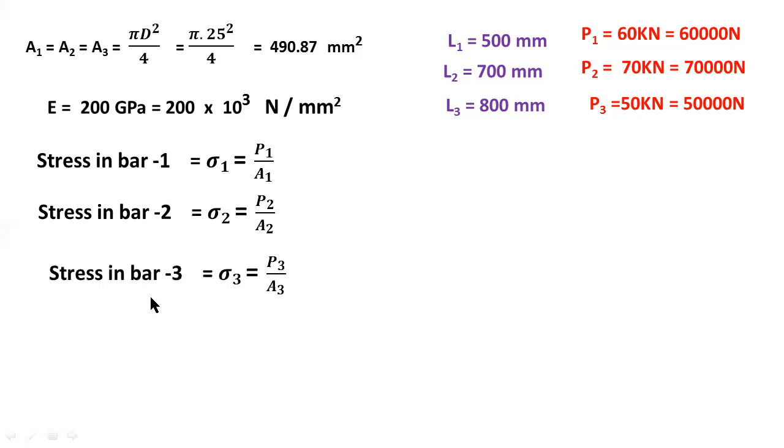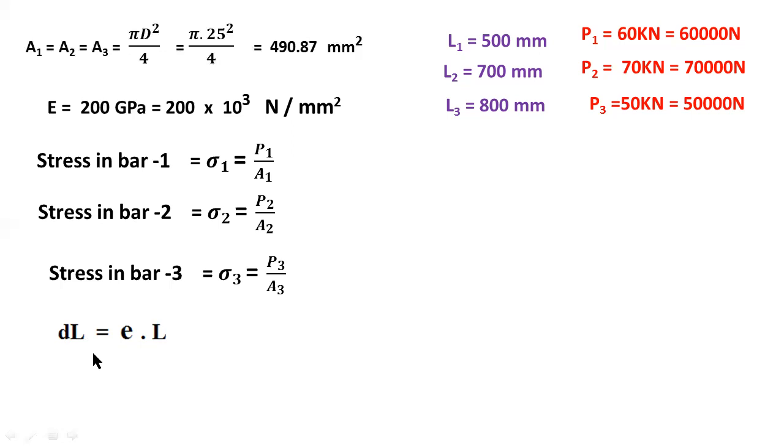This is the formula for stress induced in bar 3: sigma 3 equals P3 by A3. This is the formula for change in length: change in length, or deformation, equals strain into L, where L is the original length. Here L1, L2, L3 are the original lengths.